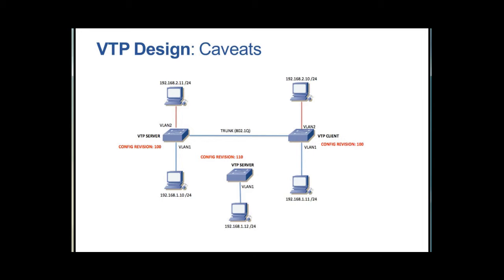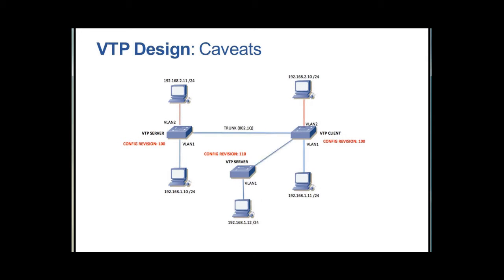Let's say that it only has VLAN 1 in its database, and that the current revision number on that switch is 110. When that rogue switch is plugged into our network, it will advertise its list of VLANs, which will be VLAN 1, along with the revision number on that update, which again is 110, which is higher than what the other switches have, which is 100.